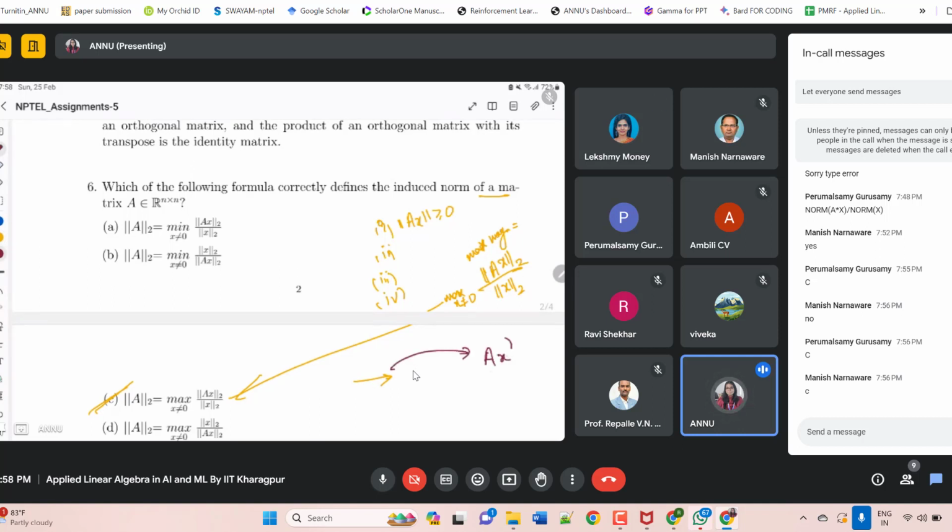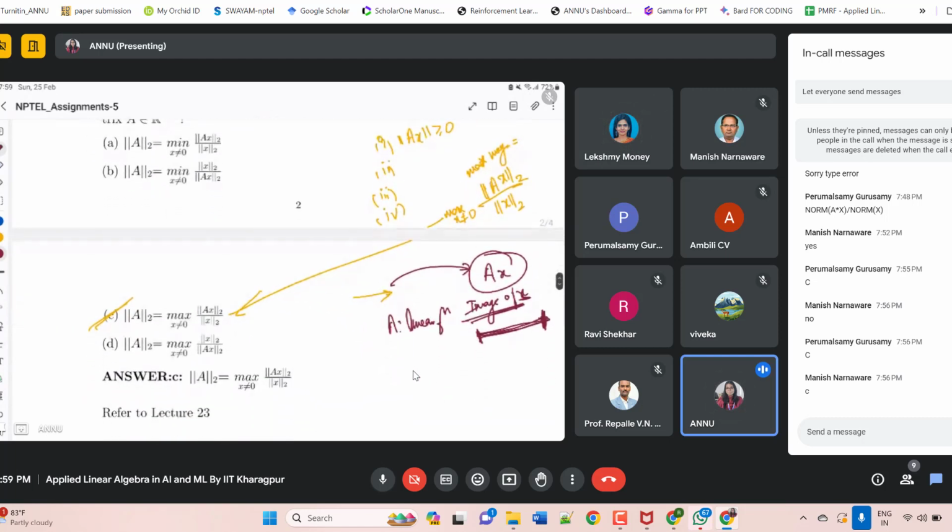That is an image of x, because A is nothing but a linear transformation or linear function. Then you are maximizing with respect to x. So you are trying to find the maximum length of Ax that x is causing. So in norm 2 it is the same. Okay, moving to the next question.